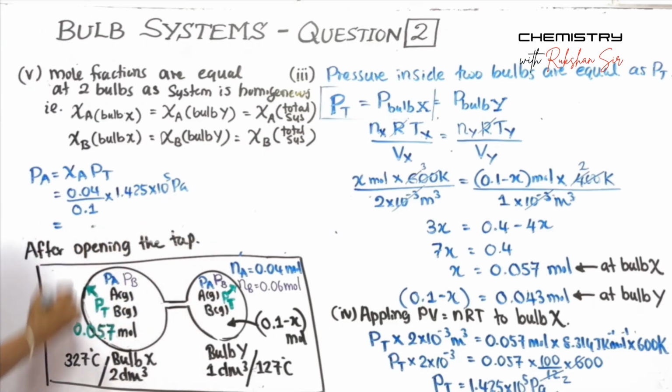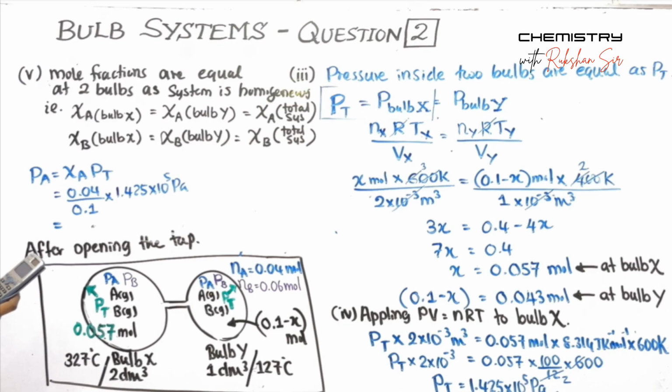So just multiplying these, it is going to be 0.4 multiplied by 1.425.